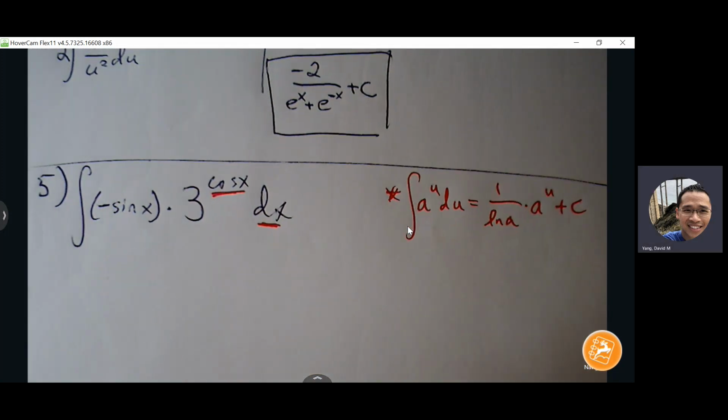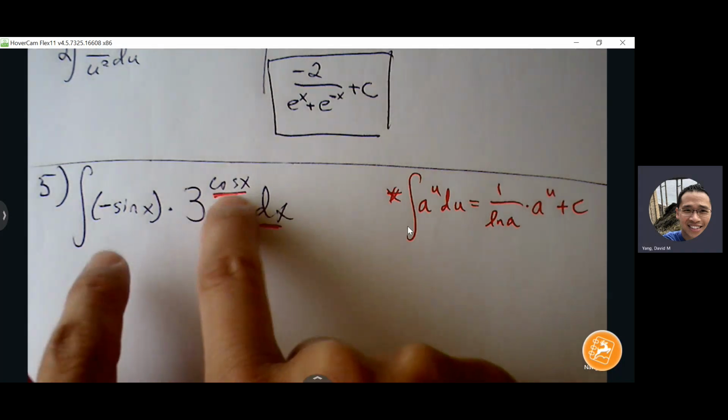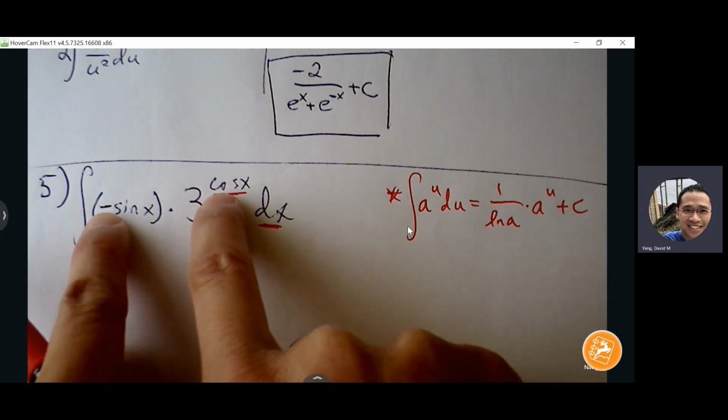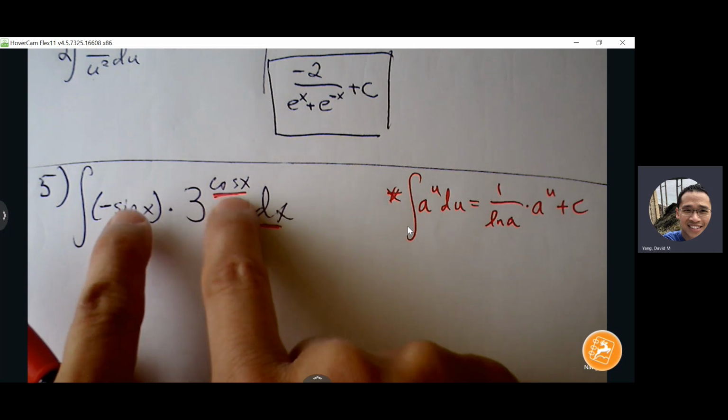And this should work out pretty nice because what's cosine's derivative? Negative sine. So even if the negative didn't cancel out, it will still be a good fit, right? But in this case, the negative and the trig function will pair up nicely because of this derivative here.